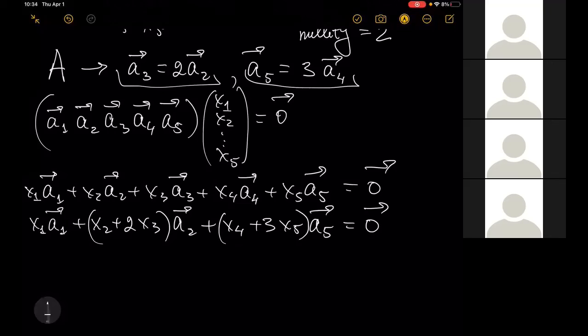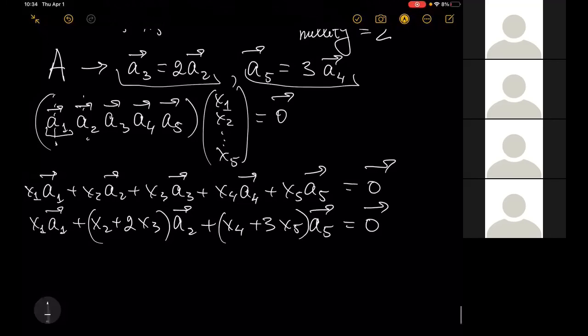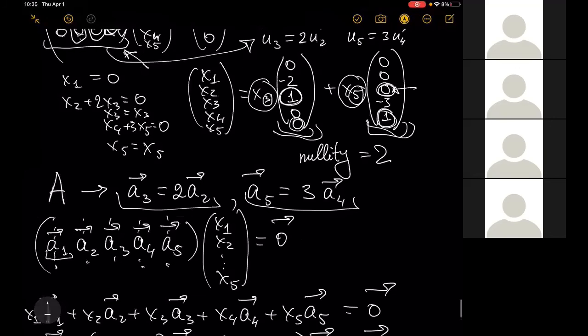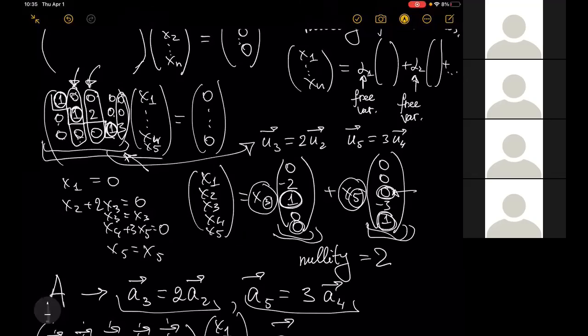Yeah. Here, when I wrote A1, I mean that this is a column vector A1, right? This is column vector A2, column vector A3, column vector A4, column vector A5, right?